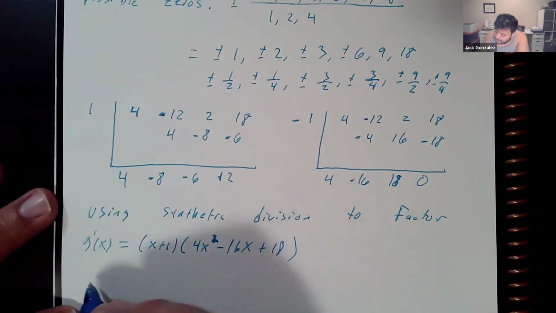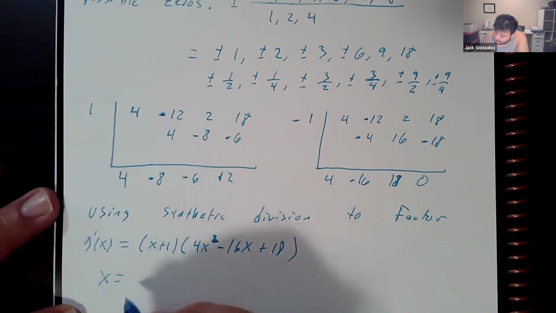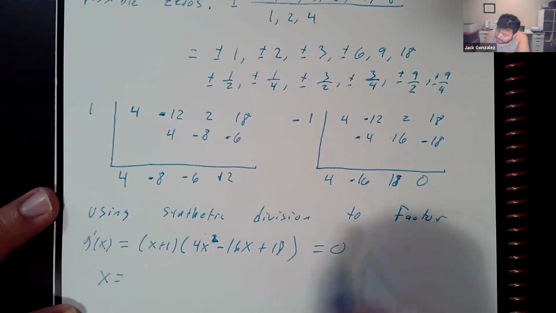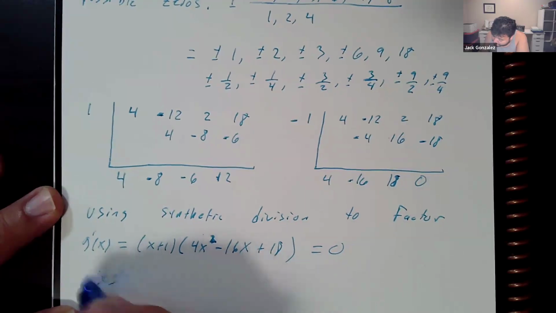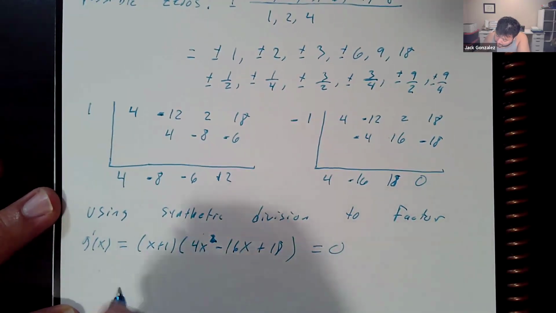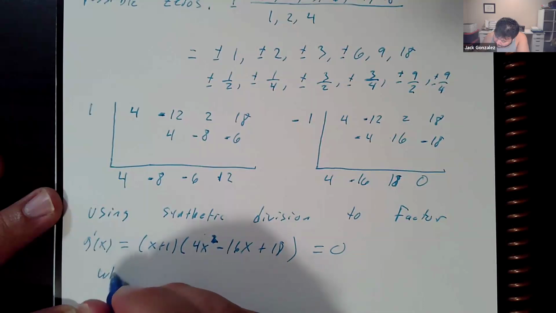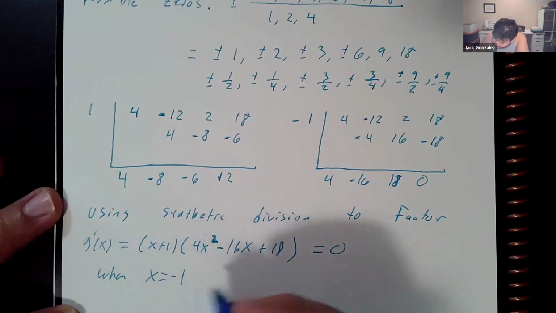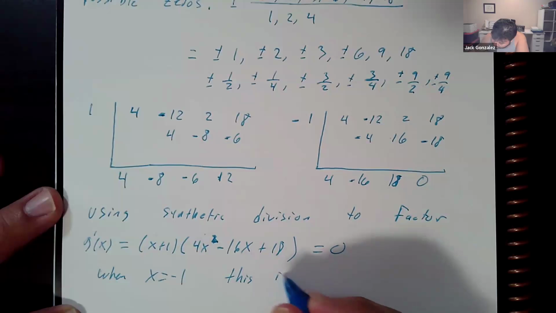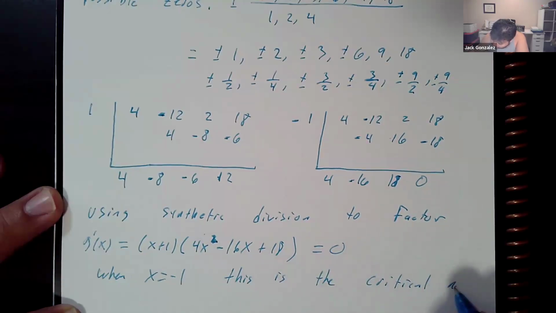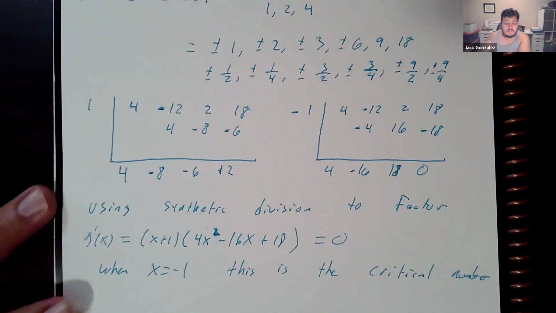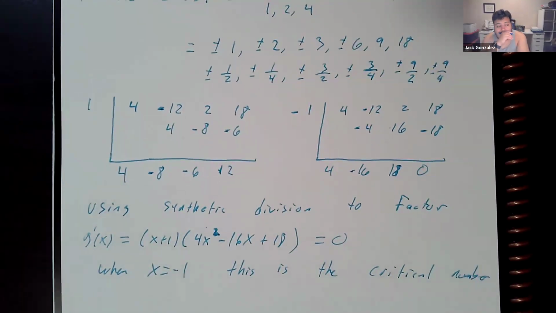So x equal to, right? This is a critical number, which will minimize g.